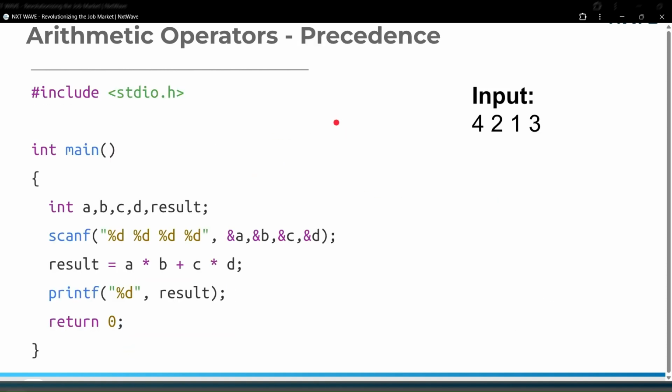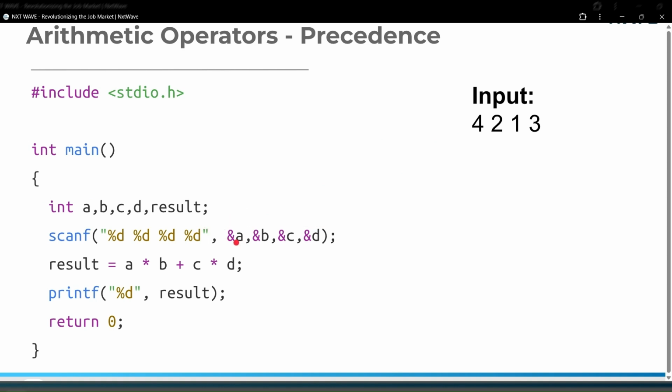Another example. Here the input is taken from the user, where the values are 4, 2, 1, 3. A will be 4, B will be 2, C will be 1, D will be 3. This is the scanf. We scan the user input values, whereas %d means it is converted into the integer data type.